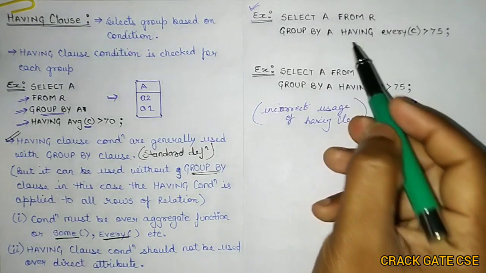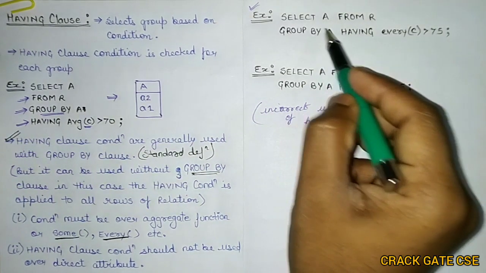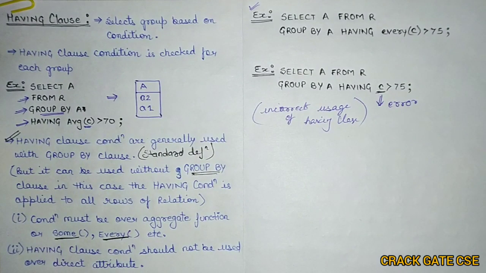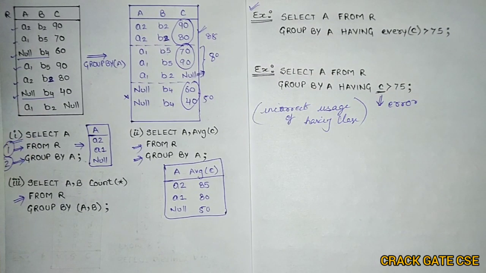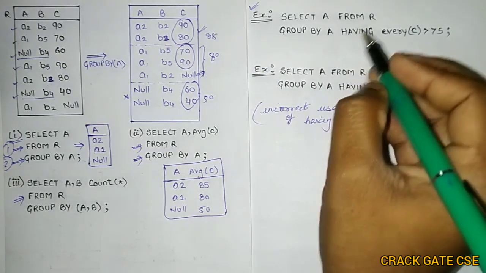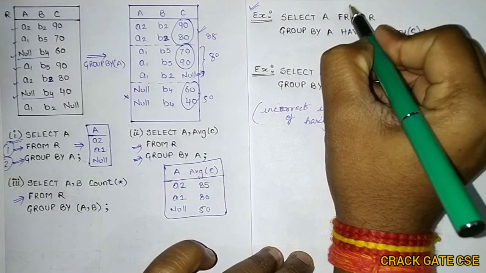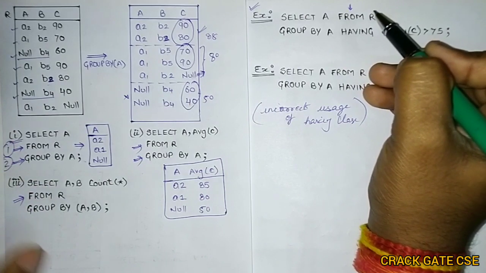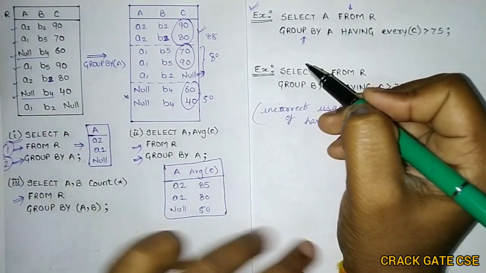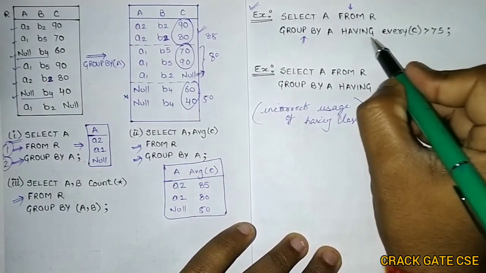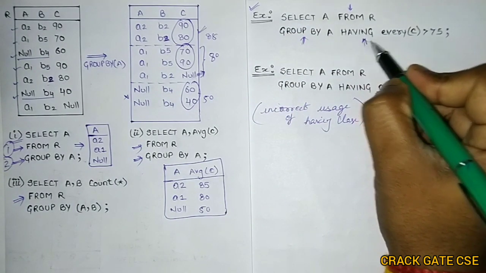Now let's try to find out the output for this particular SQL query. Again I am going with the same example. First of all, from this particular R I have to take the table, then group by A, I group them by A. Then we have to check having.